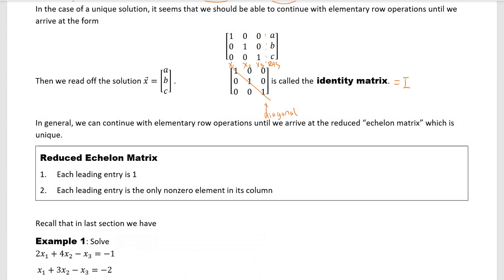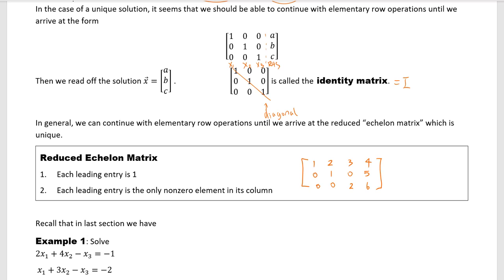Besides those two properties, for a reduced echelon matrix, we need each leading entry to be 1, and each leading entry to be the only non-zero element in its column. So what does that mean? Let me give you an example. 1, 2, 3, 4; 0, 1, 0, 5; 0, 0, 2, 6.